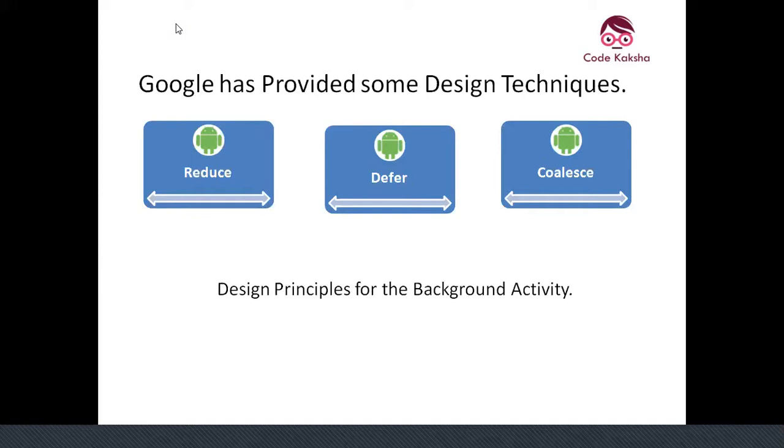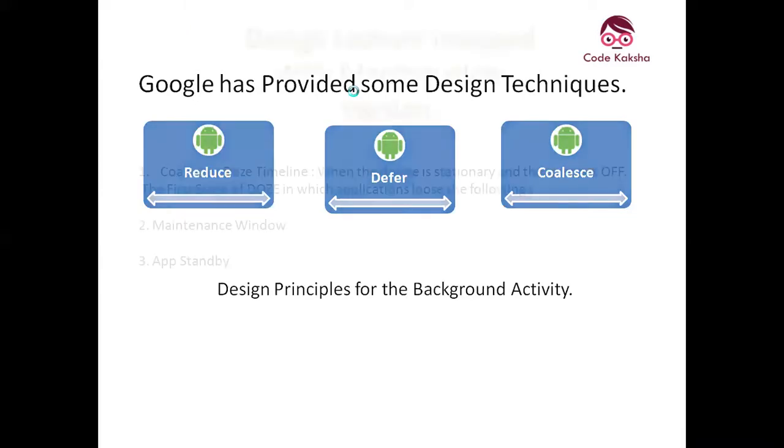You should use the JobScheduler API. This API is provided by Google. This API will batch the services of Android, not only a single application, but the background activity of all the other applications will be batched together. So that is the important thing.